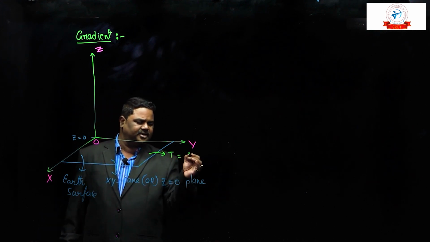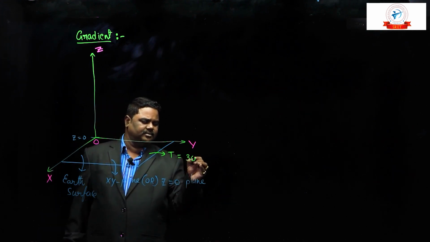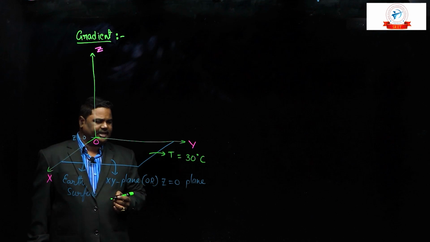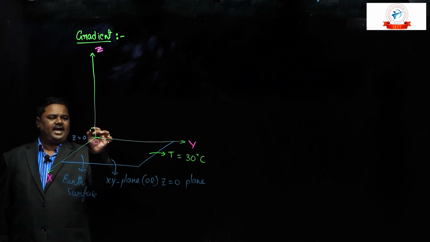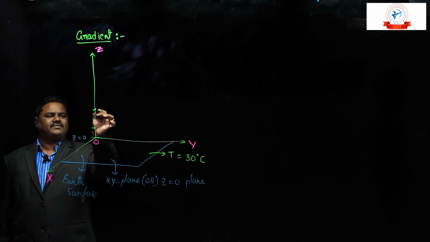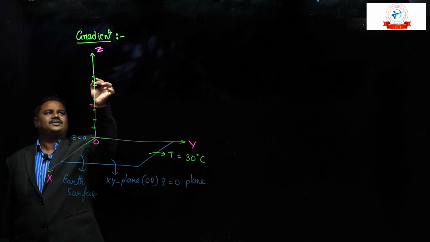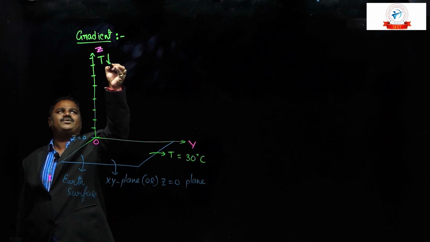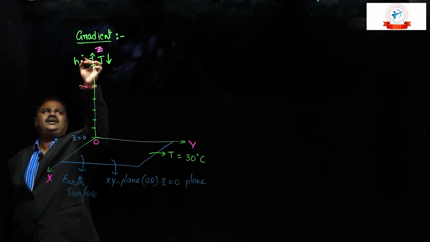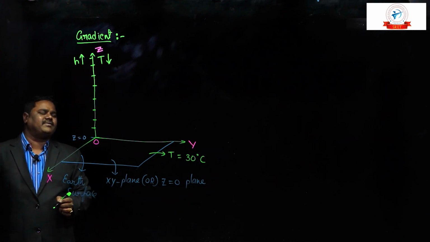I consider T is equal to 30 degrees Celsius on this earth surface. And you know that as height increases from the surface of the earth, the temperature will decrease.